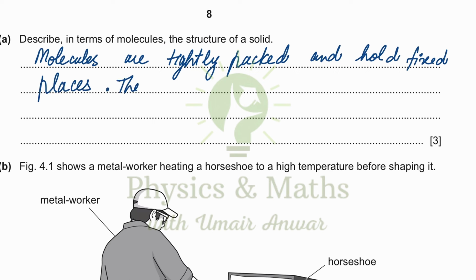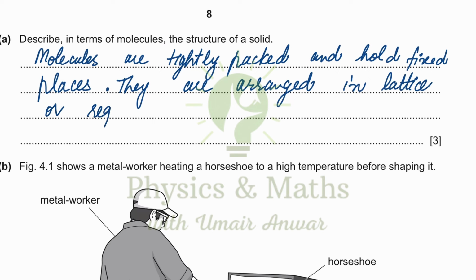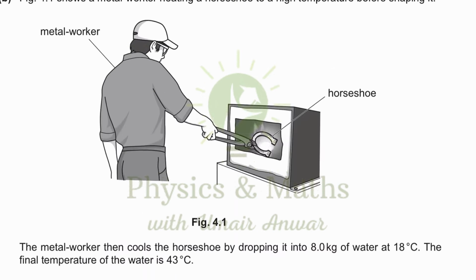They are arranged in lattice or regular arrangements. So their intermolecular forces are very strong, which makes them reside or be arranged in a regular pattern, which forms a lattice.